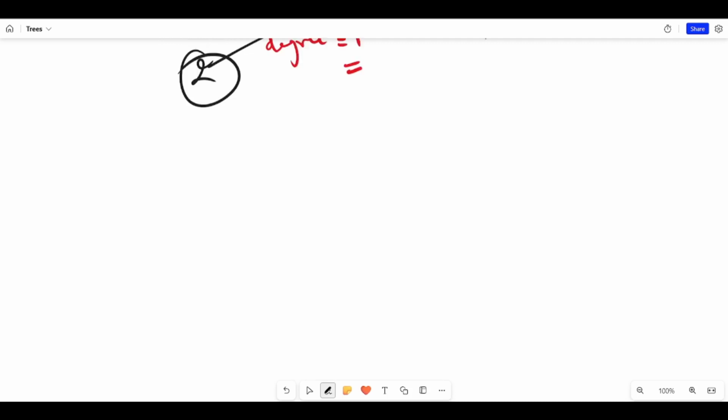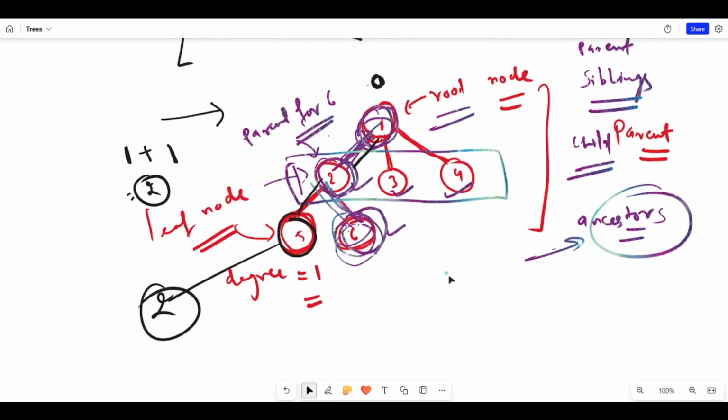Fine, so let's discuss a subtree. What is a subtree? So we want to learn about, now this is the root node. What is the subtree for this node? Now all of the nodes which are the descendants of that node are present in the subtree of that node.